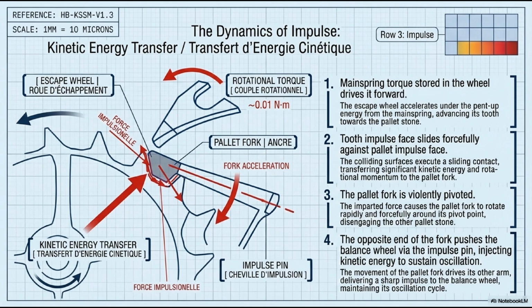The force impulsion L labeled in the diagram acts on the impulse pin, accelerating the balance to sustain its oscillation. The rotational torque shown, approximately 0.01 Nm, 10 millinewton-meters. A tiny force by engineering standards, acting through a tiny angle, but precisely what the balance wheel needs.